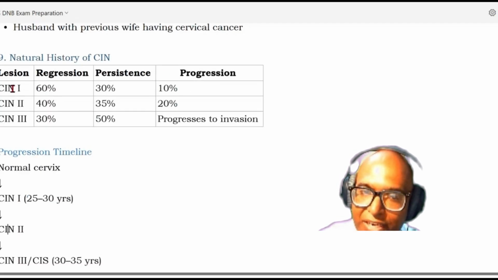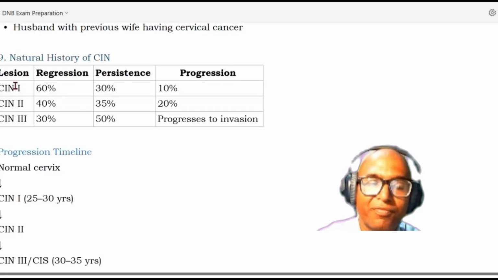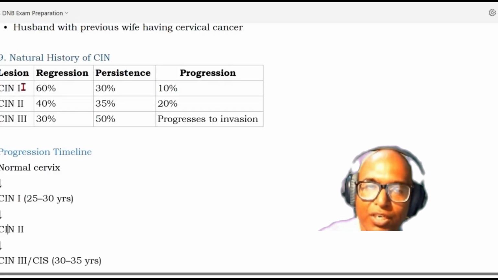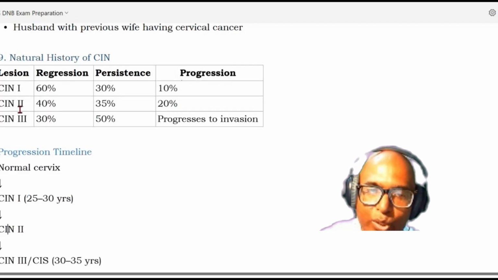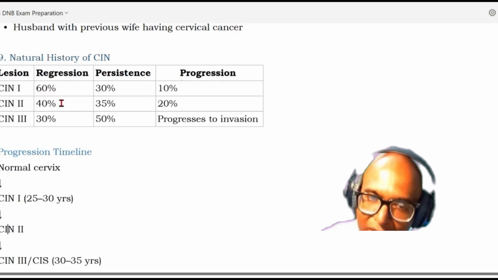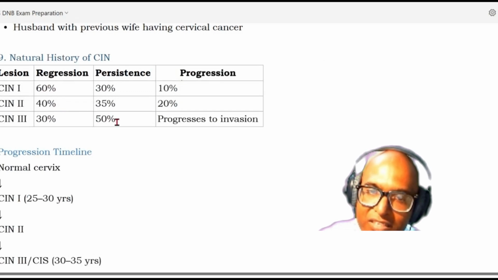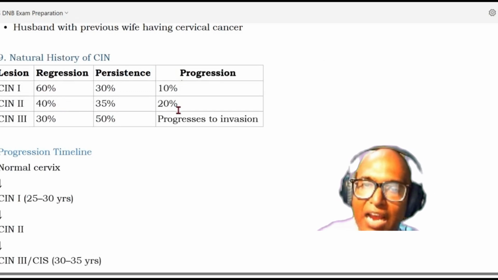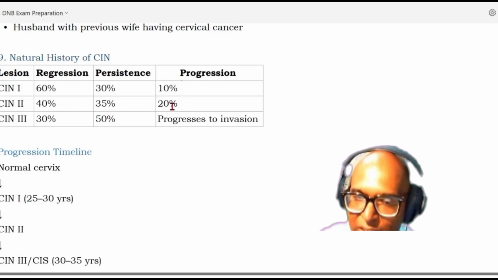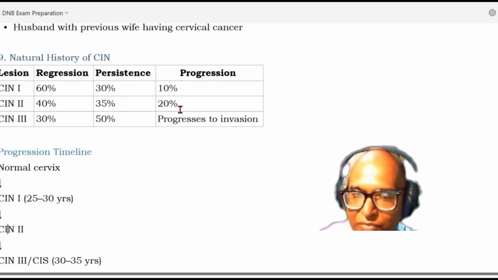So if there is HPV infection or a CIN1 change in the cells, there is only 10% chance of progression. But if it is CIN2, regression is less, that is 40%. Persistence is seen in 35%, and progression to CIN3, carcinoma in situ and carcinoma cervix is seen in 20% of cases.